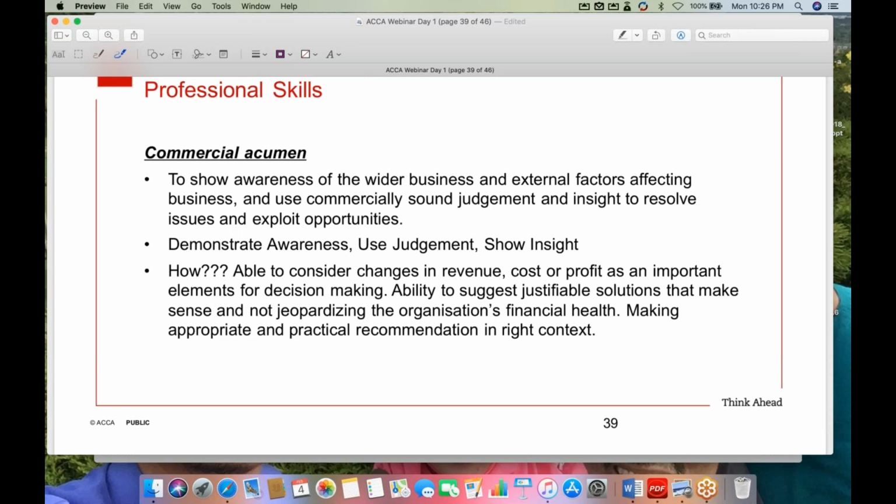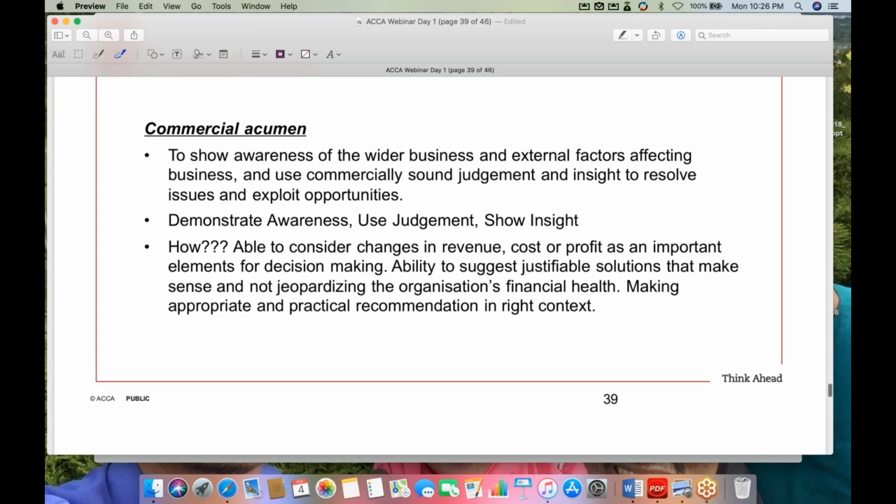Are they able to do it? If they're not able to do something, then don't suggest it. Suggest something they are able to do, and that makes sense for them to embark on with their current position. So this is what commercial acumen is all about. The next skill is analysis.